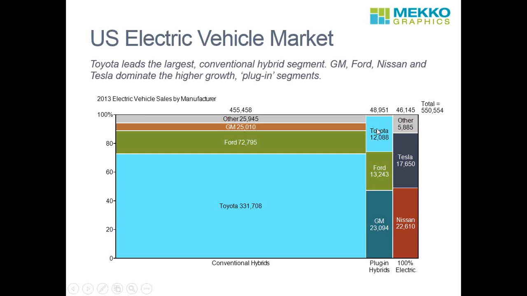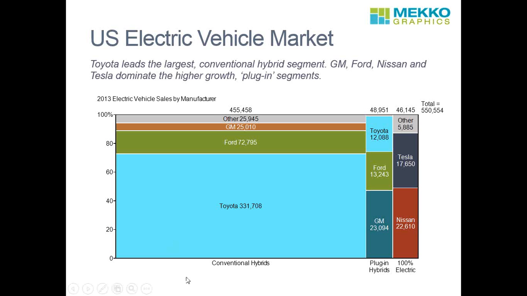Toyota is in both, but it's a much smaller player in plug-in hybrids, and it is not in 100% electric vehicles at all. Tesla is only in 100% electric vehicles. Nissan is the leader in that 100%. Ford plays in both of those two segments. GM is only in plug-in hybrids. So it's a relatively consolidated, relatively new market with not very many players.